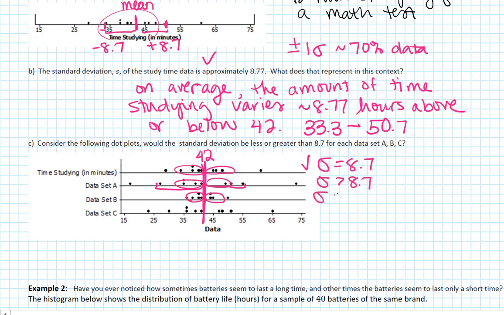So I'm going to say my standard deviation is less than 8.7 because I can draw some pretty tight-knit circles, and most of my data lies very close to my mean. My very last data set, if I go plus or minus 8.7, looks to me like I'm getting most of my data, but there are a few outliers, so I'm going to say it's going to be very close to 8.7, but maybe a little more.